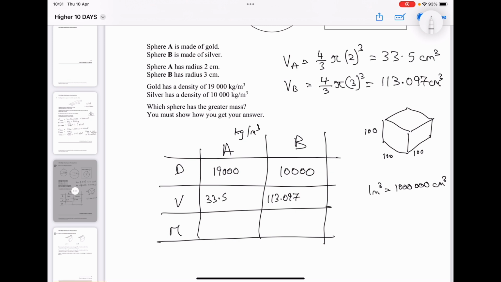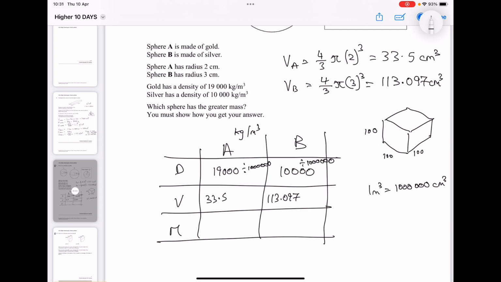So I divide by a million here, and then I've got kilograms per centimetre cubed.